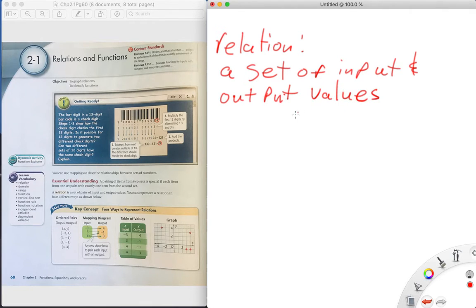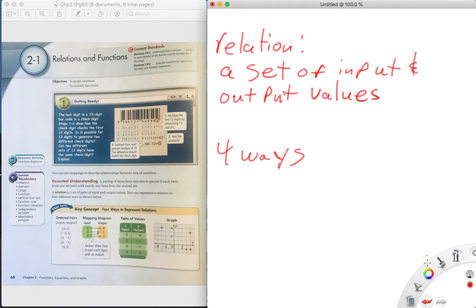Input means things that you put into the relation, and output is the outcomes that come from that particular relation. And according to the book, there are four ways to show a relation.